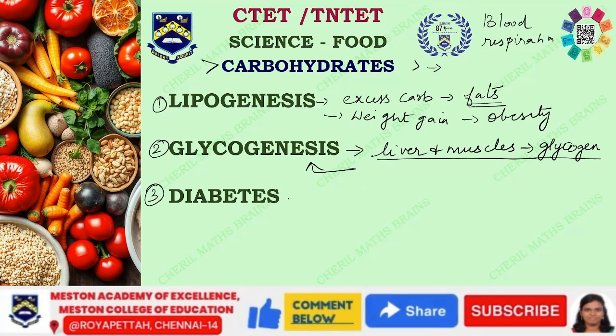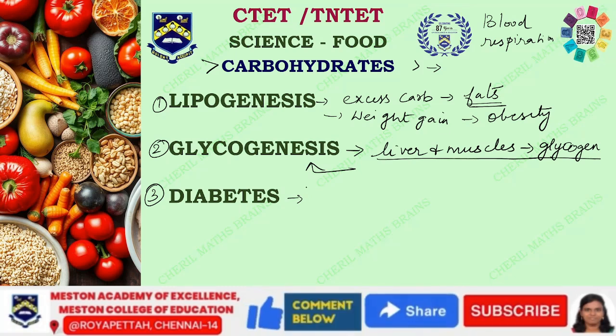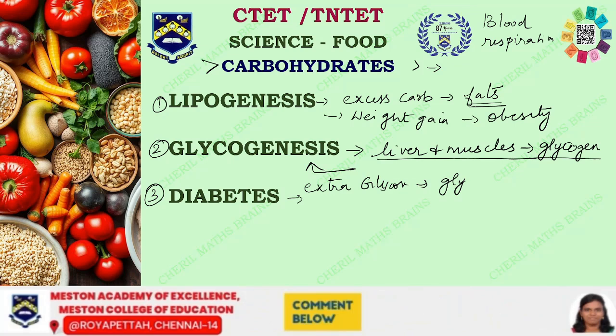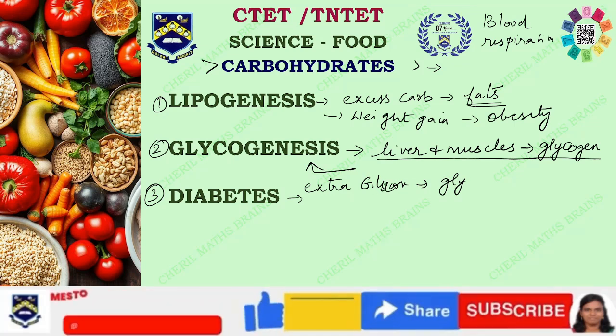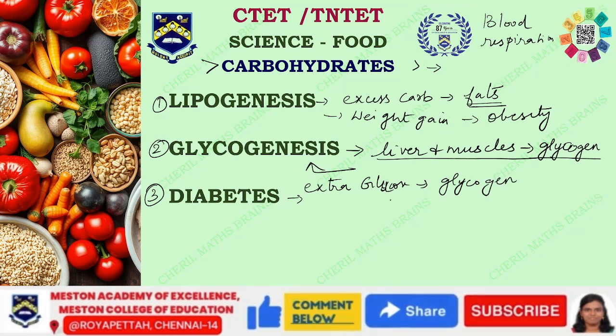So what is diabetes? We have insulin. This insulin is the one which will convert the extra glucose in the blood into glycogen. When you have extra glucose in the blood, that has to be converted into glycogen by the component called insulin.